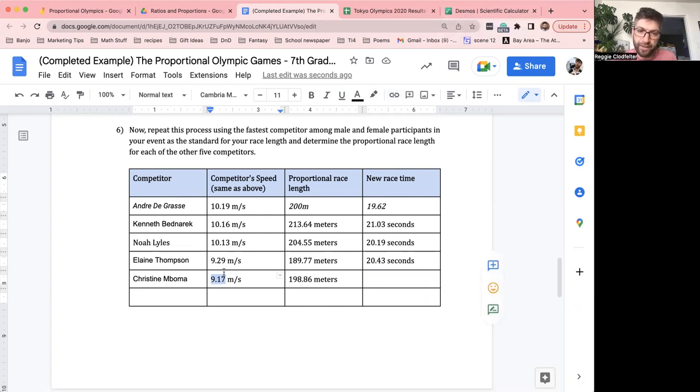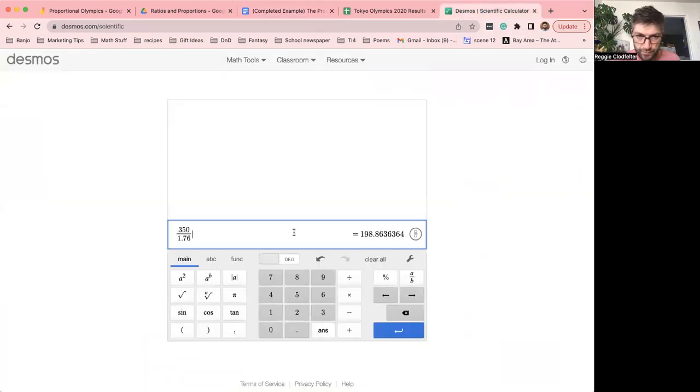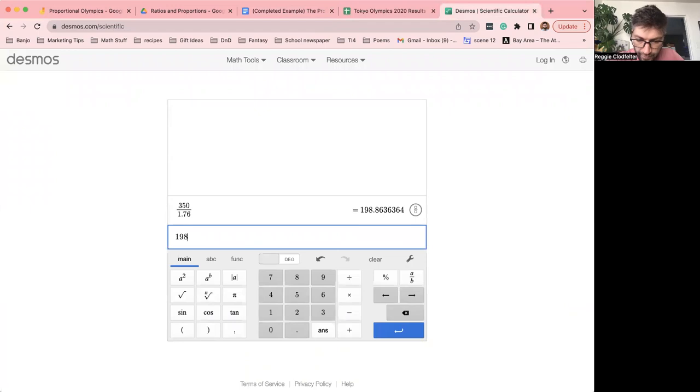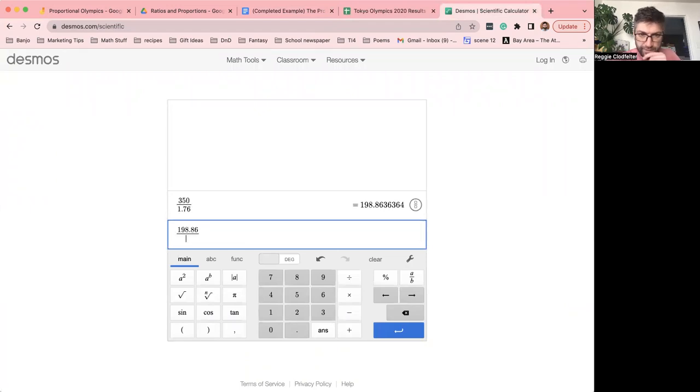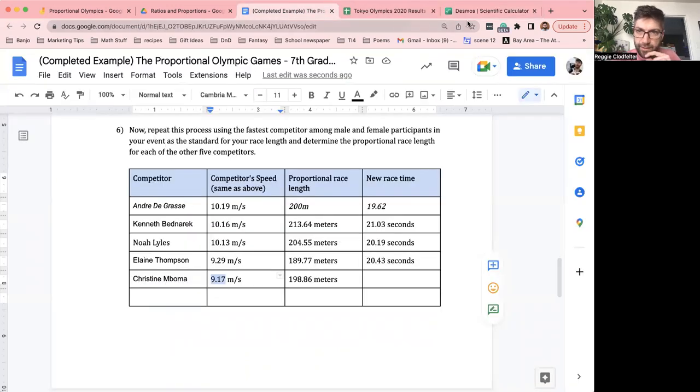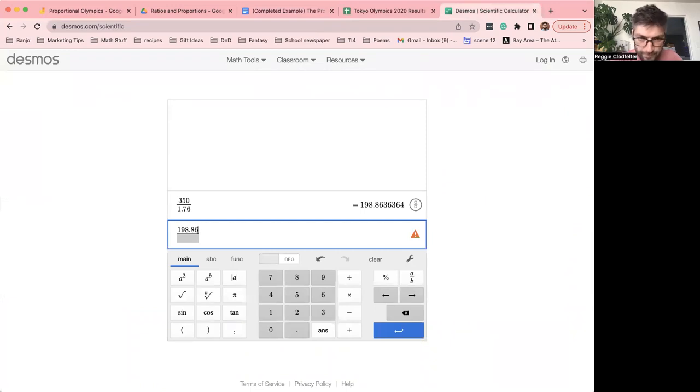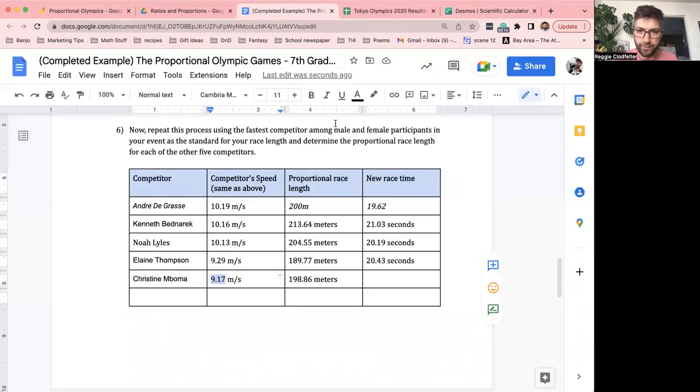I divide the meters by the meters a second, and I get the seconds. So 198.86 divided by 9.17, and I get 21.69, which is going to go here, 21.69 seconds.